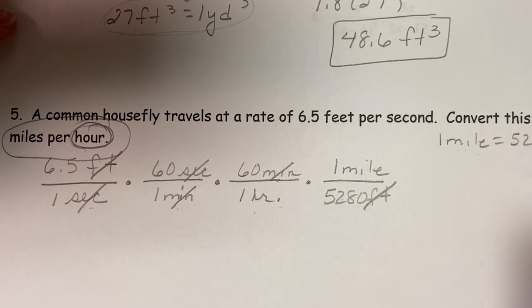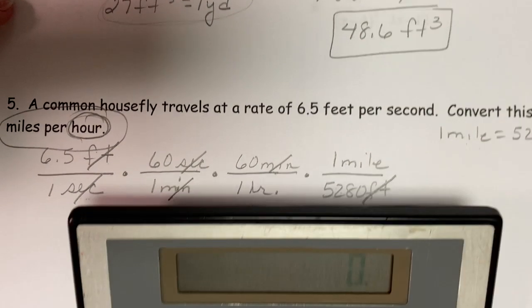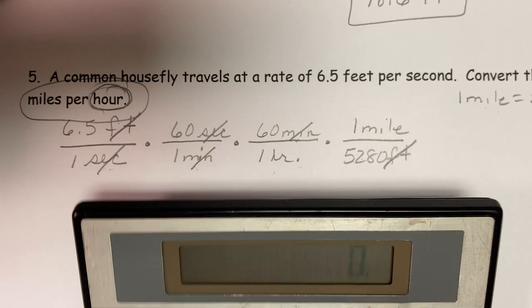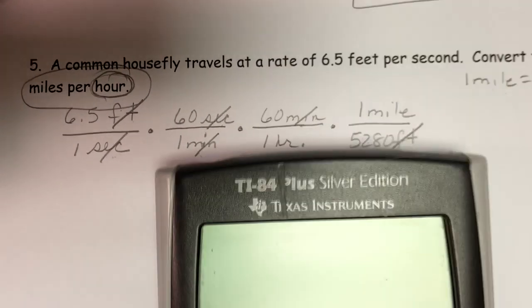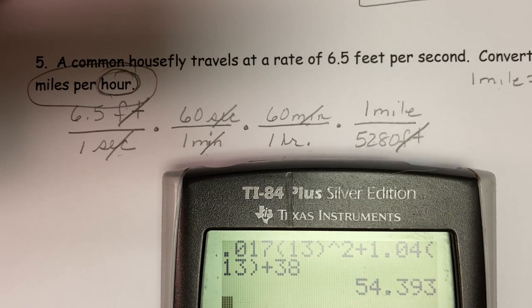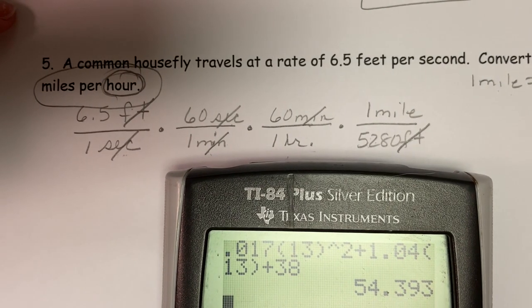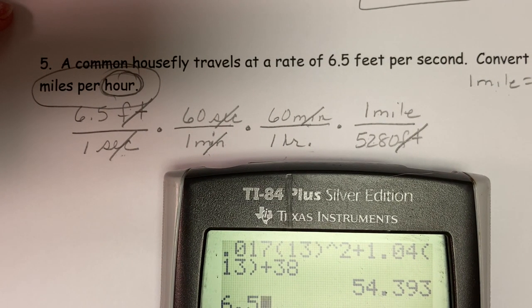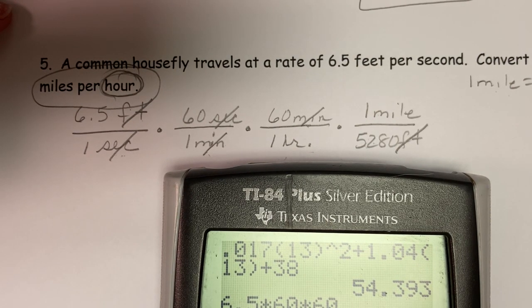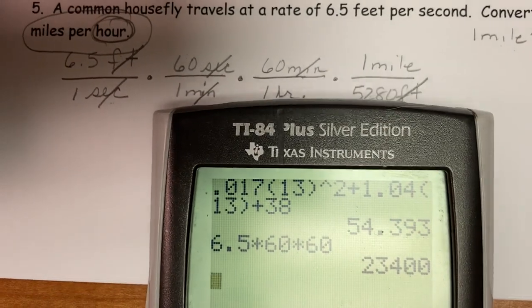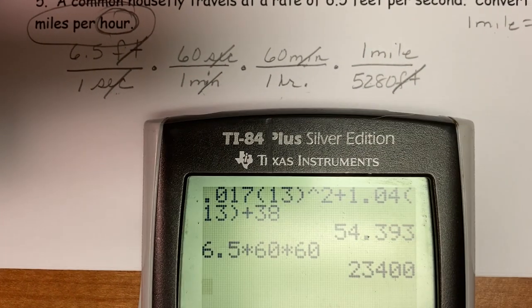So now all I literally do, and I'm bringing my calculator over here, I have to use my other calculator. I'm going to go ahead and do the multiplication on the top. So I'm going to have 6.5, just multiplying across on the top, times 60 times 60. So if I bring that up, you can see that. But then what am I going to divide it by?